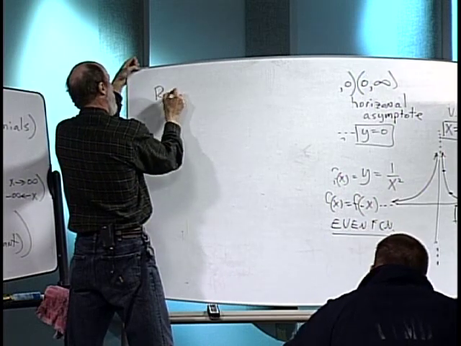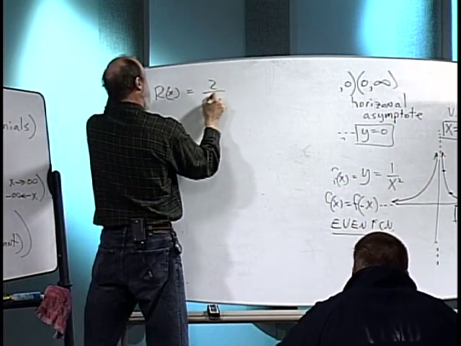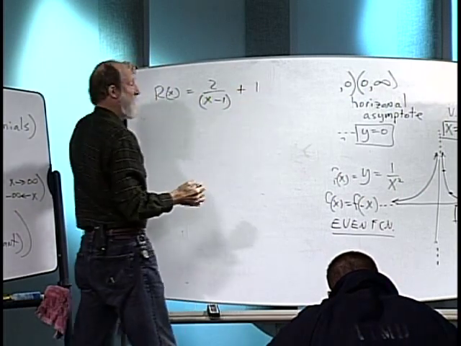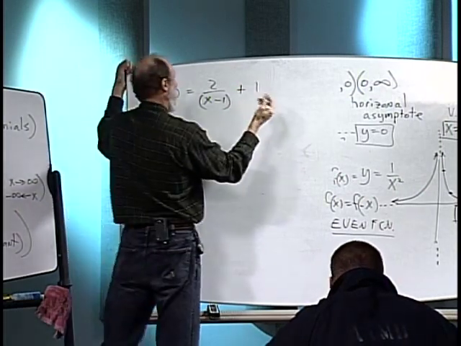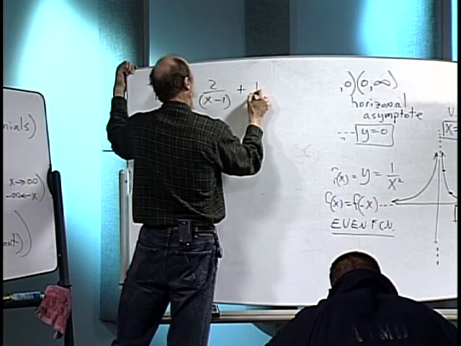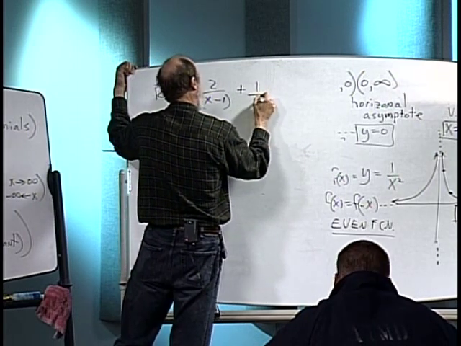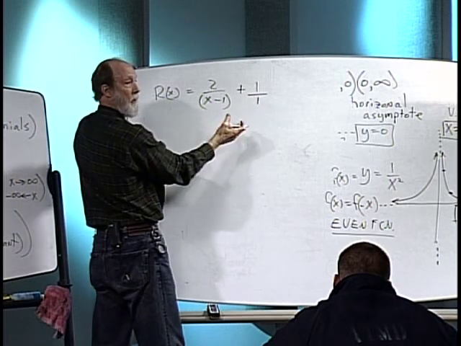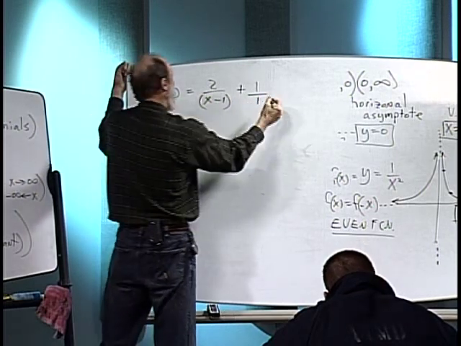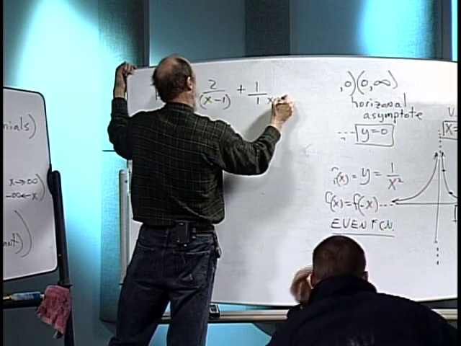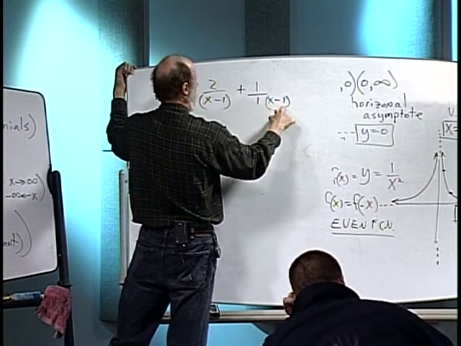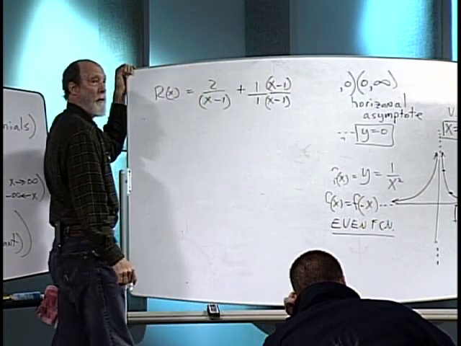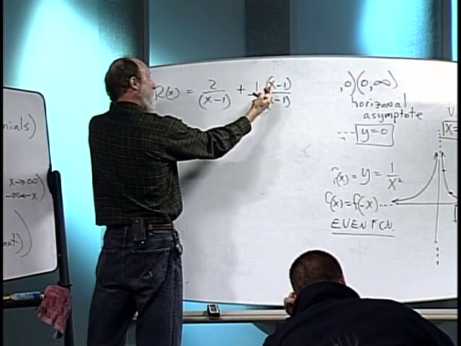So we have our R of x is 2 over x minus 1 plus 1. Now I want to turn this into a single fraction. So I know that this is 1 over 1. My common denominator necessary here needs an x minus 1. So over here I'm going to multiply this 1 times x minus 1, top and bottom, so that I don't really change this thing.